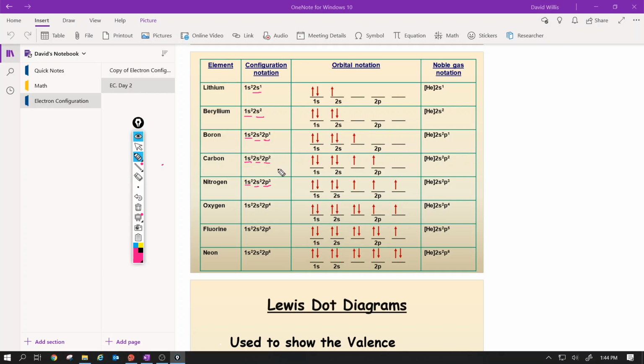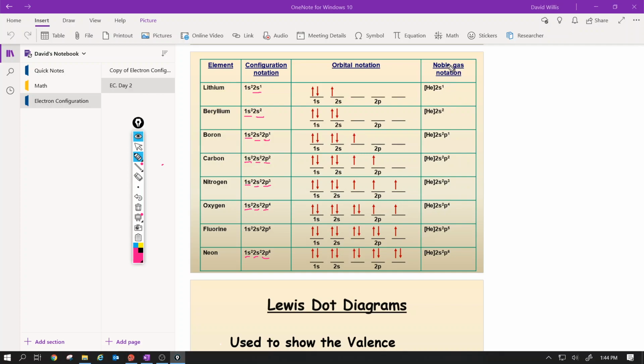All right, so let's see. Up, down, up, down, up, up, up, down. All right, fluorine, up, down, up, down, up, up, up, down, down. And then neon, up, down, up, down, up, up, up, down, down, down.